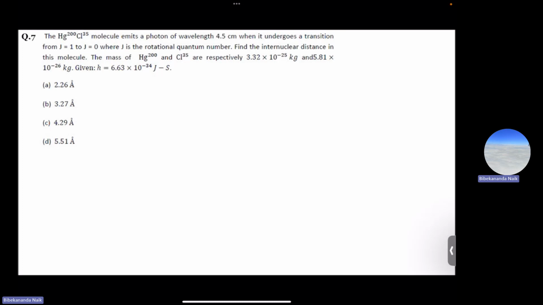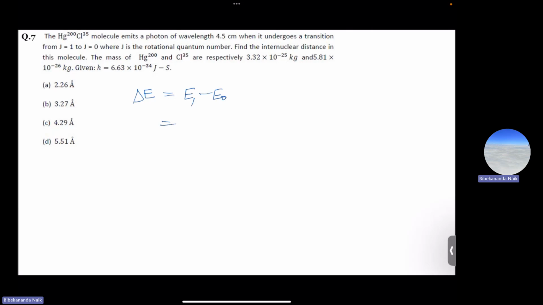So if we solve this question, the molecule emits a photon equivalent to 4.5 centimeter inverse, and that photon corresponds to the transition from J equal to 1 to J equal to 0. Now we know from the first two questions we discussed today, the energy difference between the first level and the ground level is given by delta E, which is E1 minus E0.